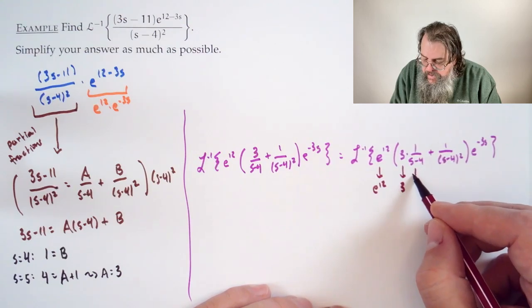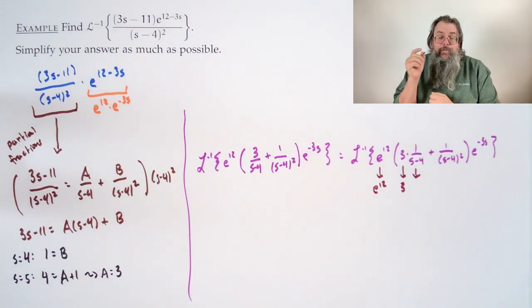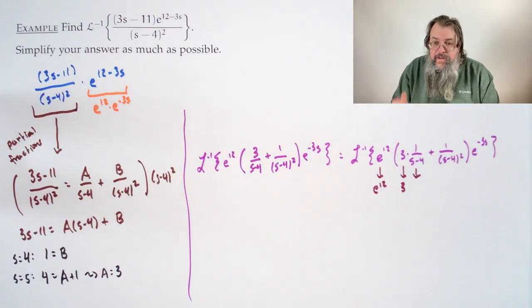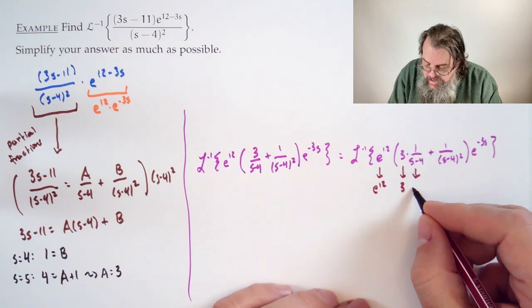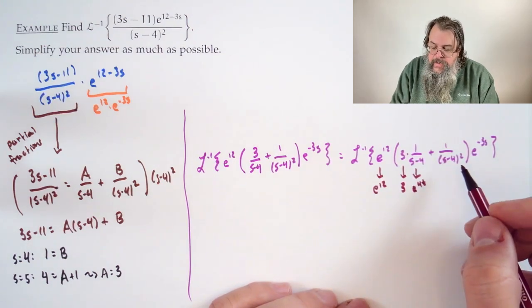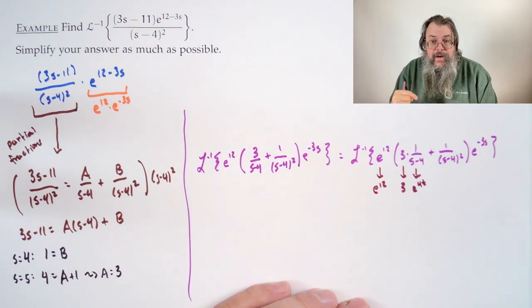Now, 1 over s minus 4 is on our sheet. So if I see e to the ct, Laplace transform e to the ct is 1 over s minus c. So this is e to the 4t. Now this 1 over s minus 4 squared is a combination of two facts. Namely, Laplace transform of t is 1 over s squared.